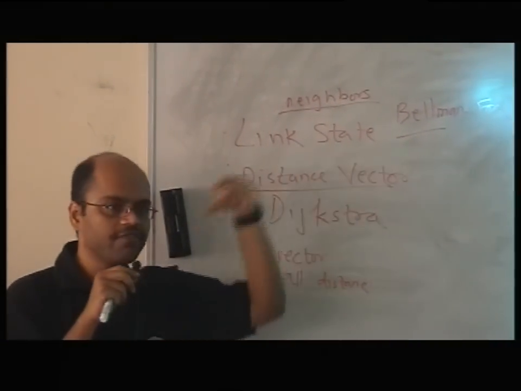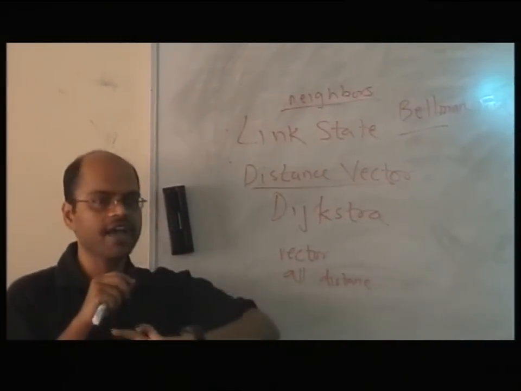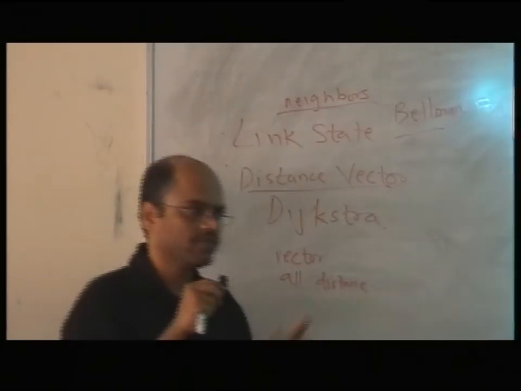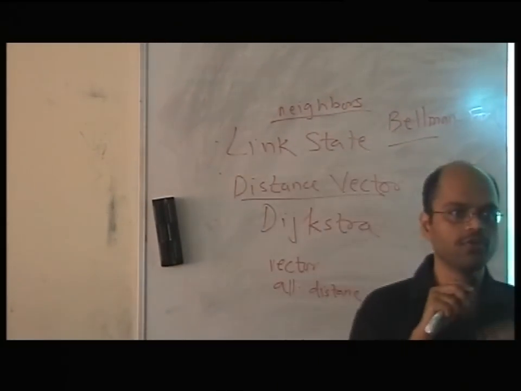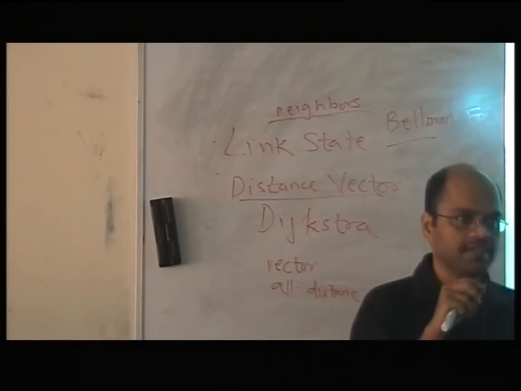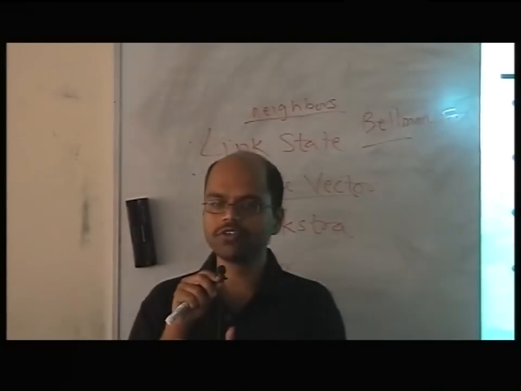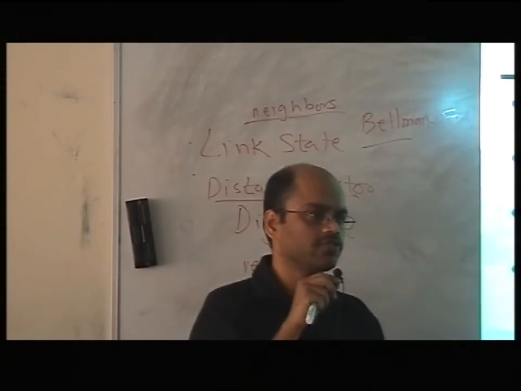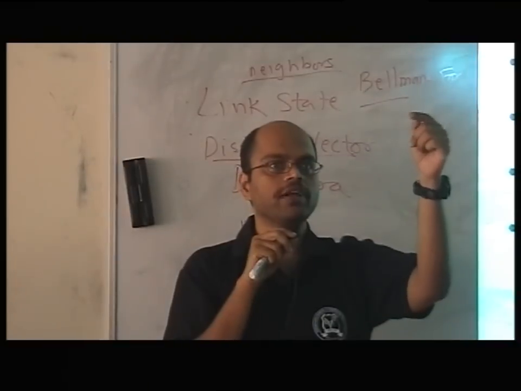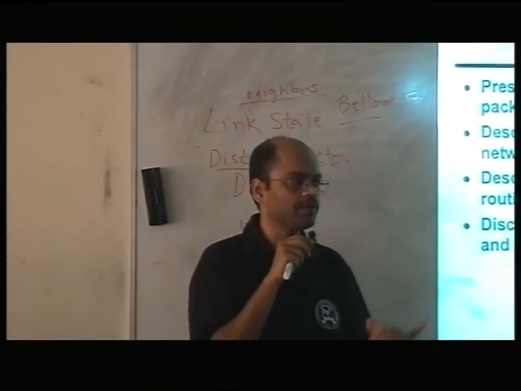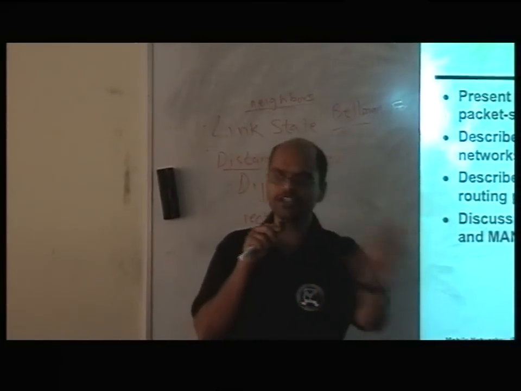Link state, every node has the entire information of the whole network. So in link state, every node knows the topology of the whole network. In distance vector, it only knows the next hop distance. So it knows that node B is hop count 4 from me, or 3 from me, or 2 from me. It doesn't know the whole network.